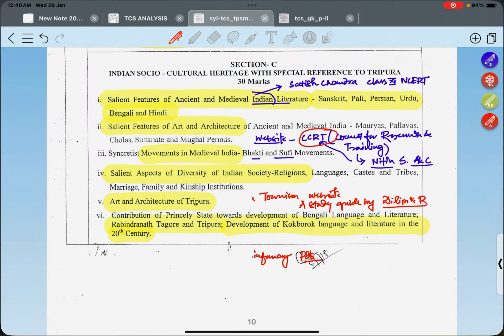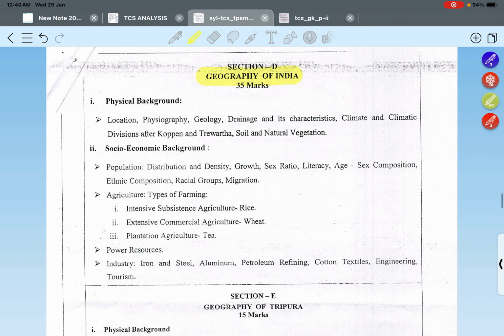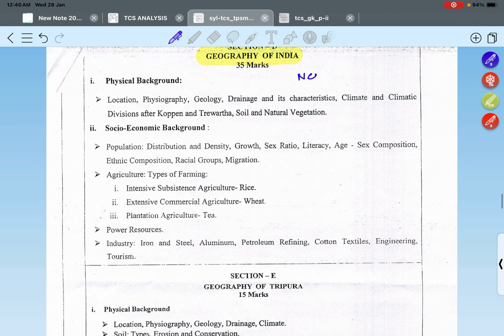Now our next topic is geography of India. The source for this topic is one and only NCERT books, NCERTs 9 to 12.